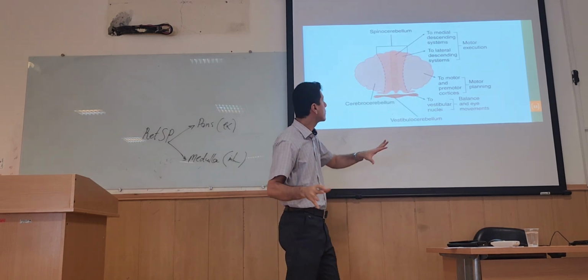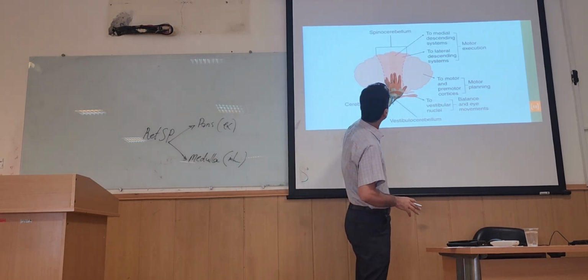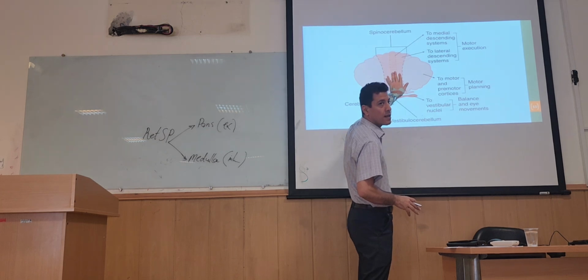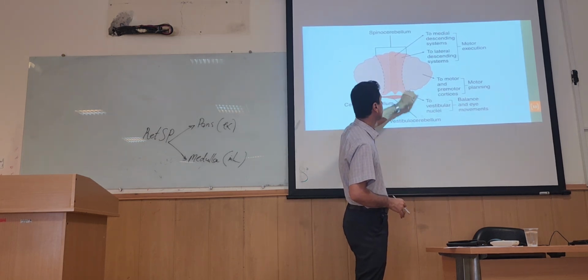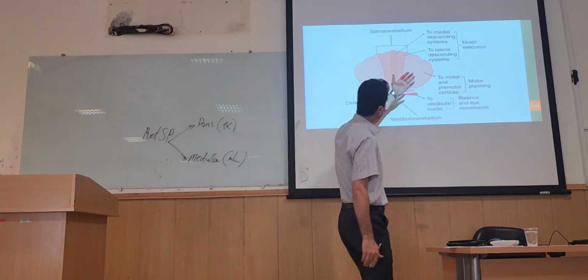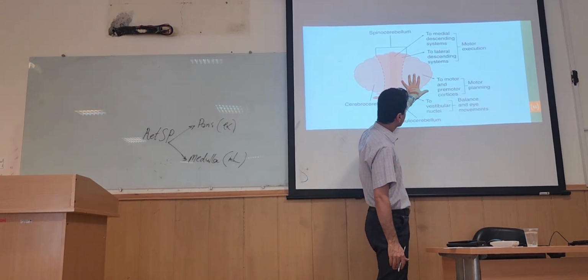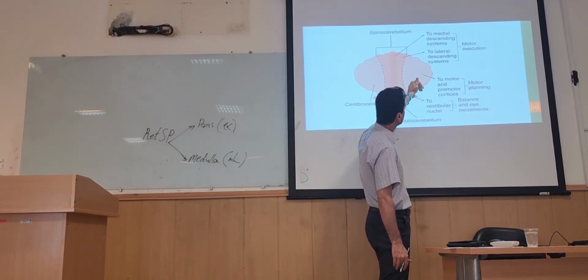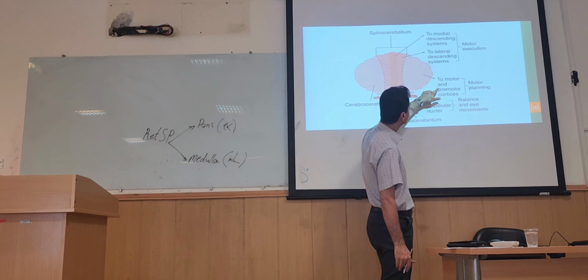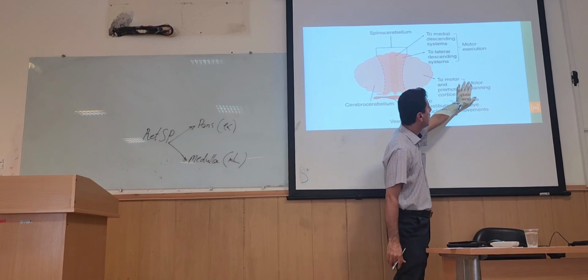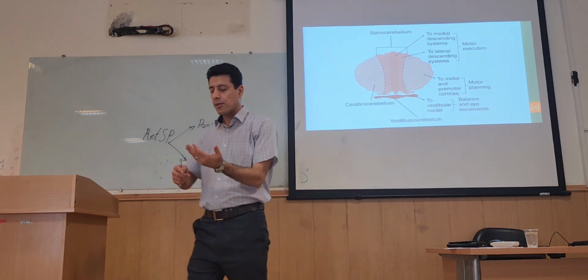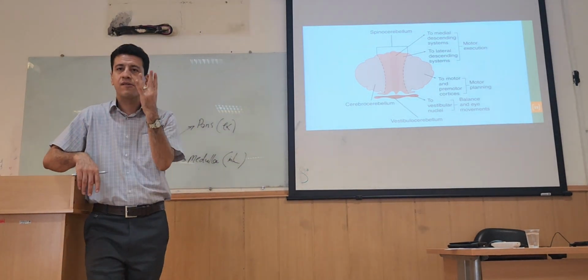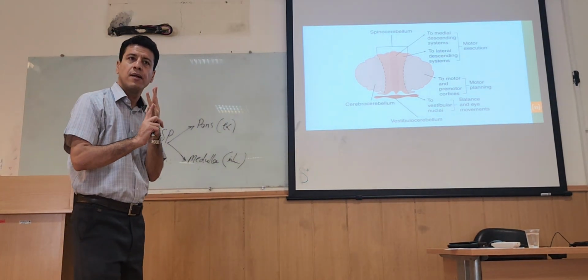So they are under the control of intermediate zone and vermis. Vermis for medial, intermediate zone for lateral. And the lateral side of the hemisphere sends the information to the cortex, motor and premotor cortex, and they are important for motor planning. So you should remember these four expressions.